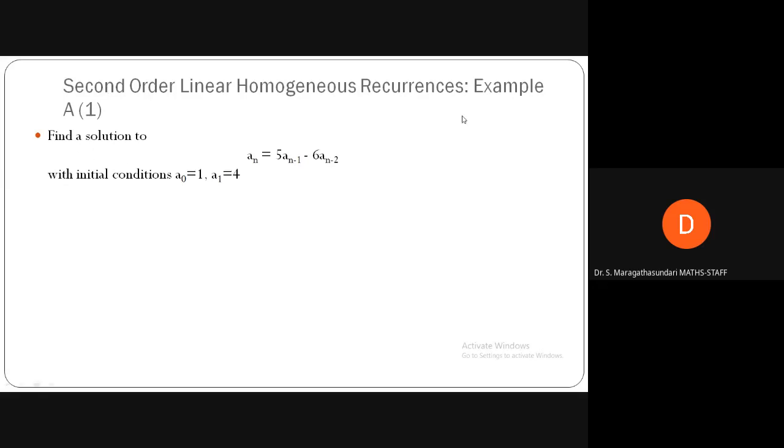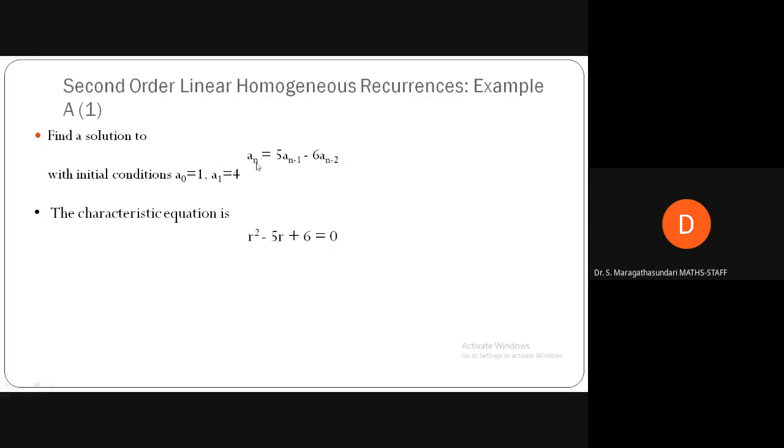For the second order linear homogeneous recurrence, we shall see one example. Find a solution to a_n = 5a_{n-1} - 6a_{n-2} with initial conditions a_0 = 1 and a_1 = 4. So the second order linear homogeneous recurrence is given, and the initial conditions are given. The first step is to frame the characteristic equation.